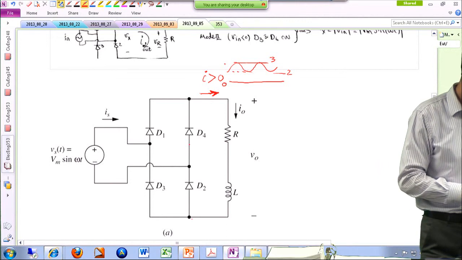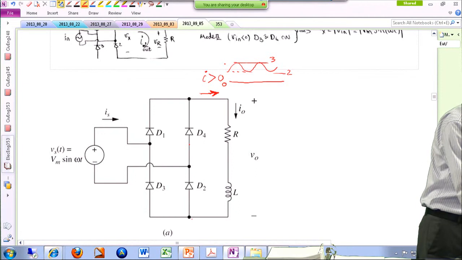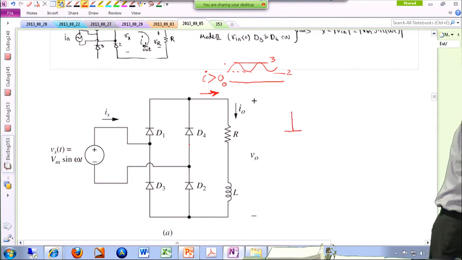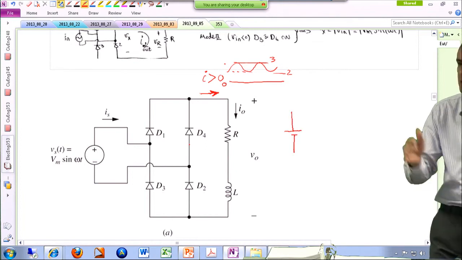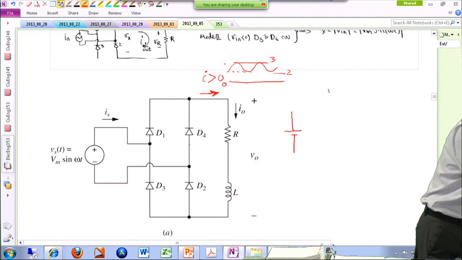The final argument is this: let me assume that my input voltage is positive. I'm just going to replace it with some positive voltage, let's say 10 volts or whatever. Let me draw all of these diodes over here.